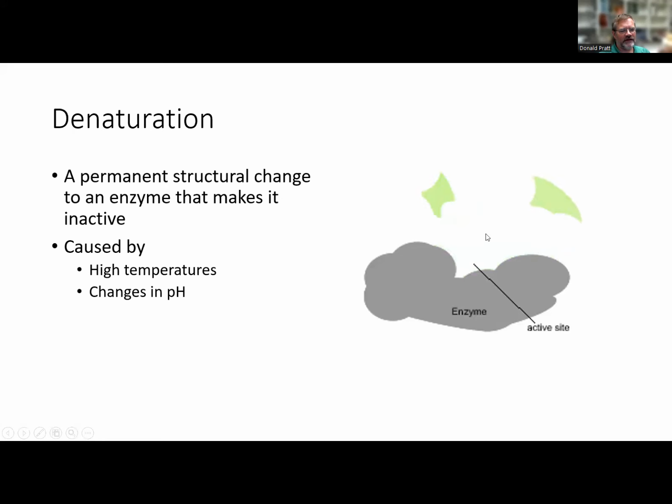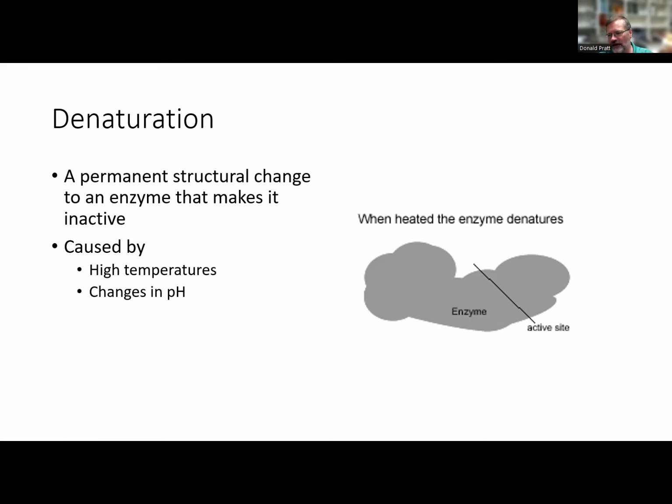It fits in and breaks apart. But when the enzyme denatures, see there's a bump here, there's a change in the shape, and this product can't fit into the site anymore. So denaturation is a permanent structural change to an enzyme that makes it inactive. The important thing is that it's permanent.